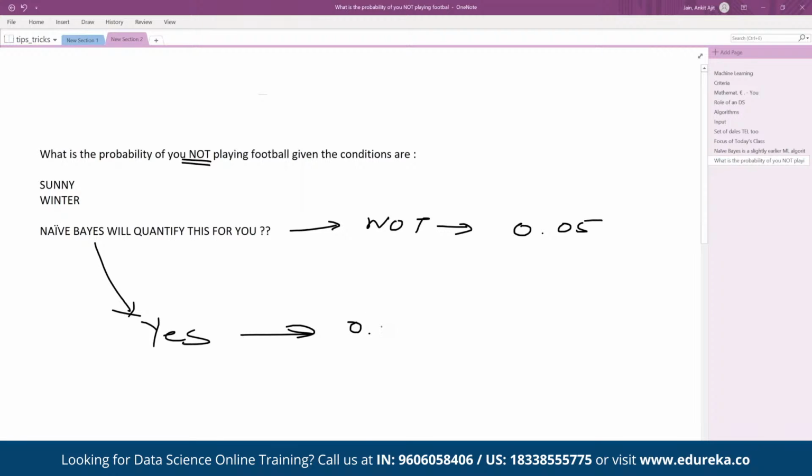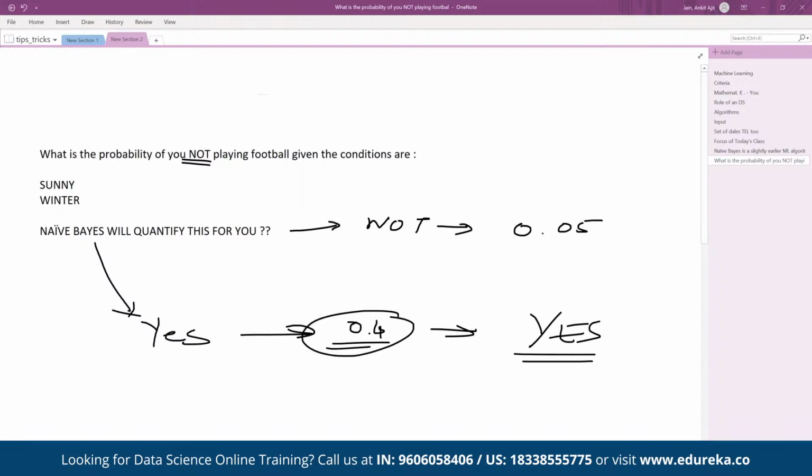Suppose it comes out to be 0.4. Who wins here? Yes wins here, so you will classify it as yes. The whole point is understanding how Naive Bayes can be used to quantify probabilities.